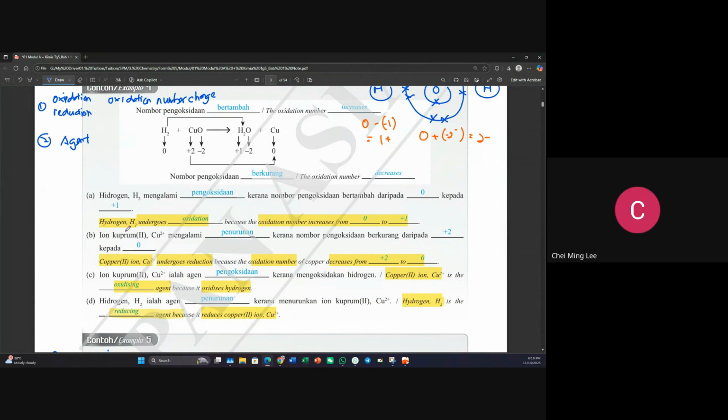Now the hydrogen gas undergoes an oxidation process, because its oxidation number changes from 0 to +1. Copper 2 ion undergoes reduction, because its oxidation number decreases from +2 to 0. So copper 2 ion is the oxidizing agent, because it oxidizes hydrogen, while hydrogen is the reducing agent, because it reduces copper 2 ion.